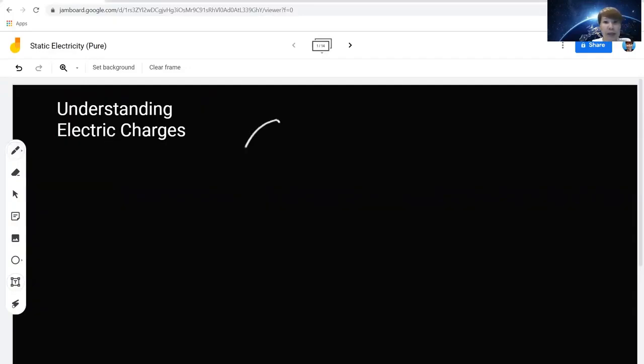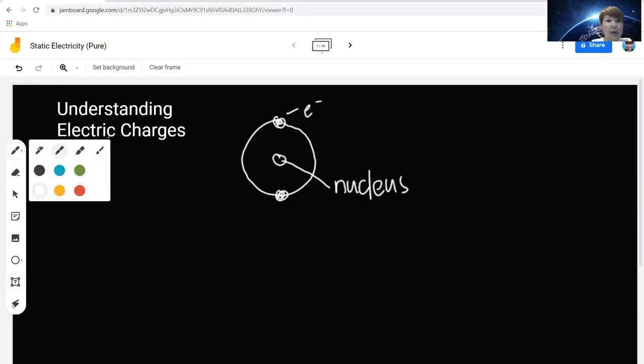If you look at an atom that I have drawn here, it is made up of electrons on the outer circle, and right in the middle is where the nucleus is. We know that in the nucleus is where the protons and the neutrons are located.